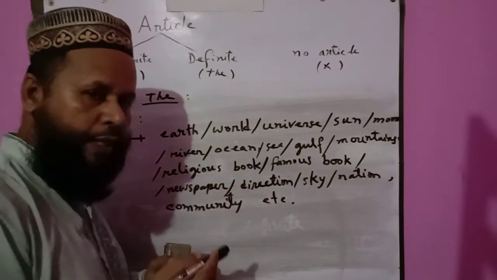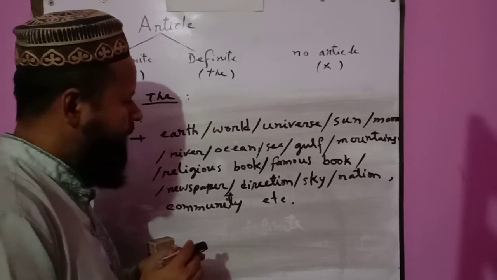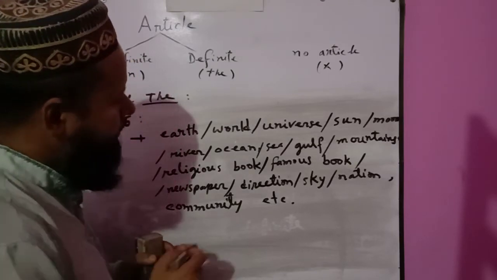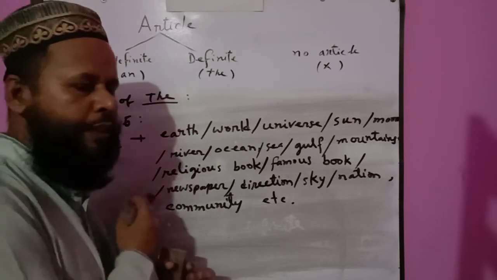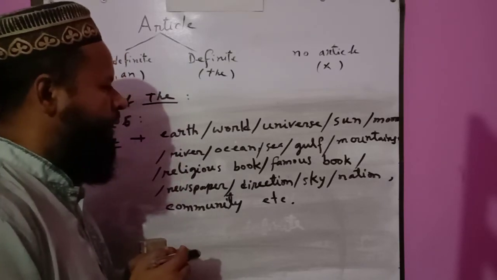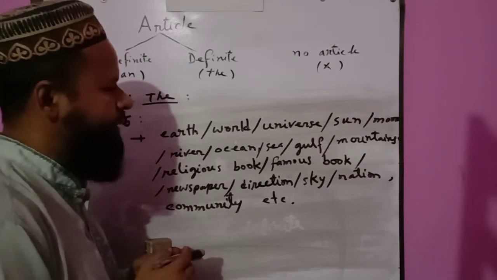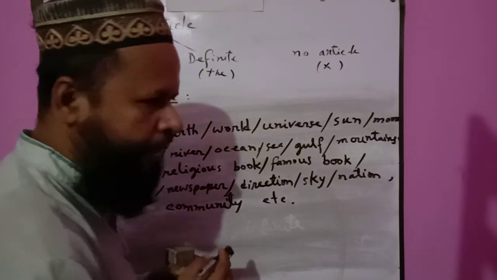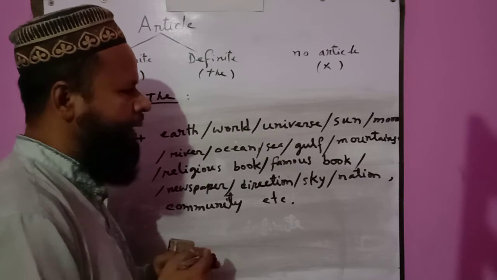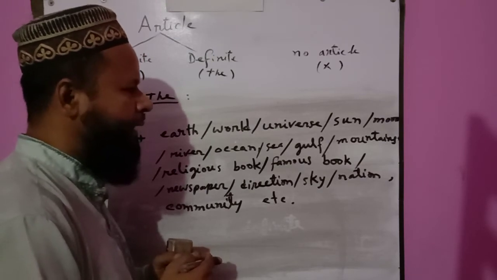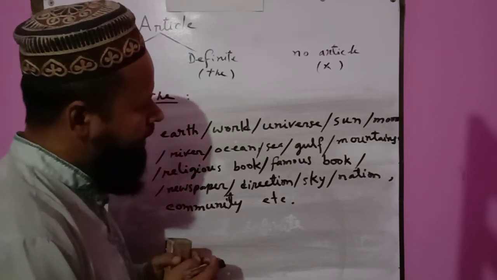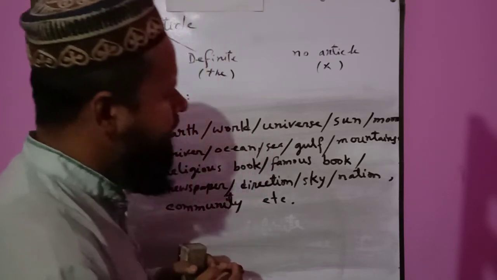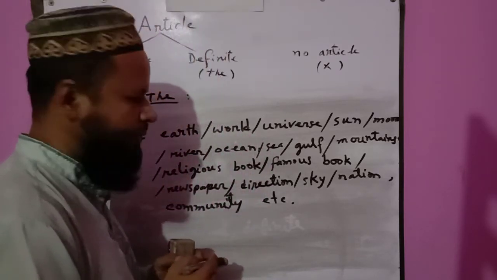Ocean, name of ocean, the Atlantic, the Pacific. Sea means name of sea, the Red Sea, the Black Sea, the Arab Sea. Gulf or Bay, the Bay of Bengal, the Persian Gulf, the mountains, the Himalayas.